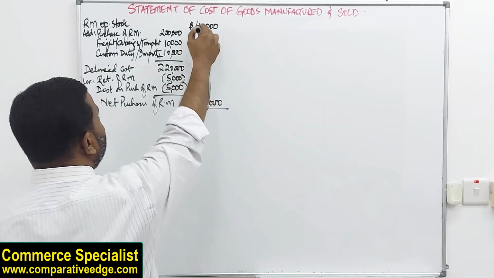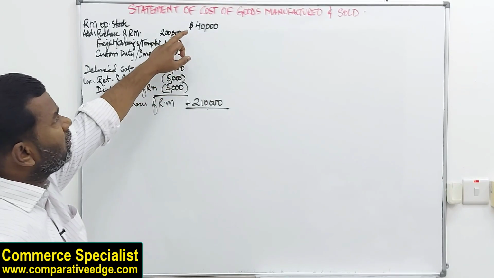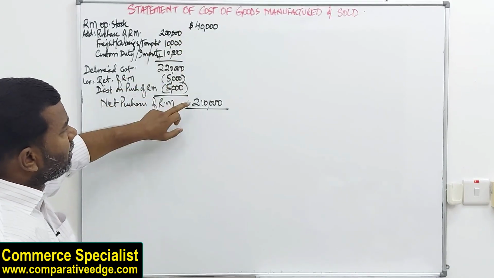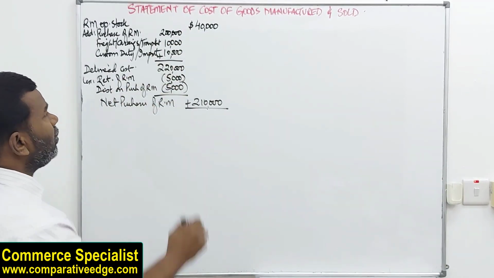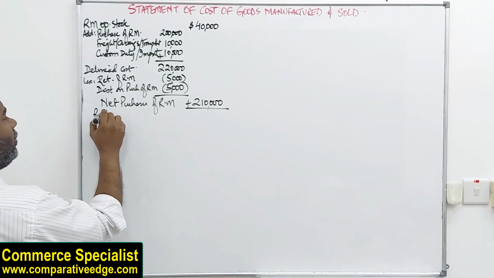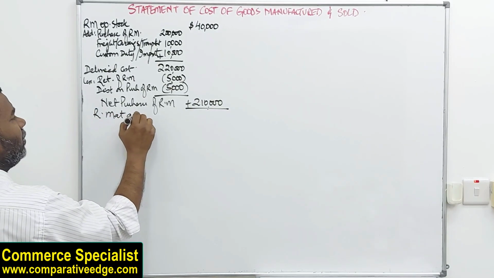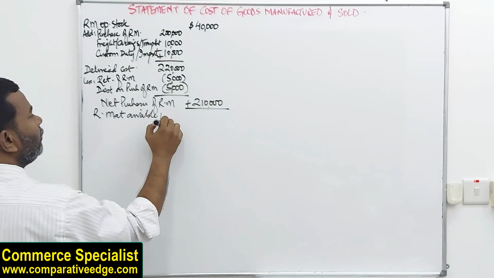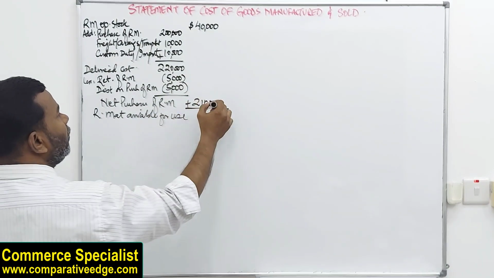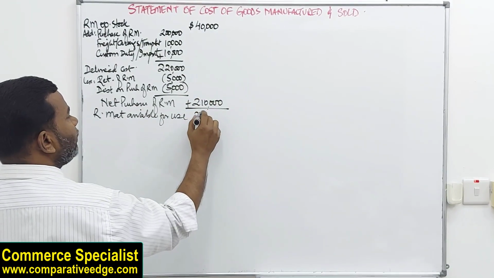Now when you add it with the opening inventory, 40,000 worth of raw material we already had, and 210,000 worth we have purchased now, we have raw material available for use. 40 and 210 is 250,000.